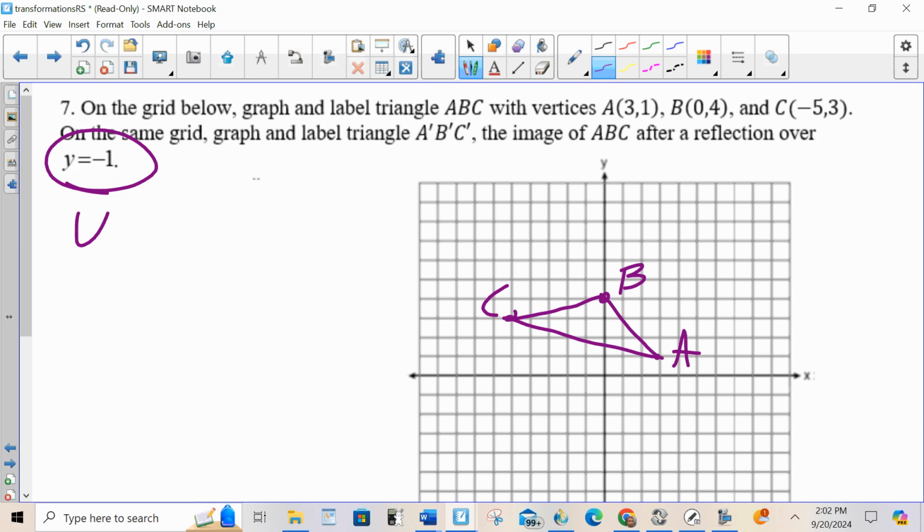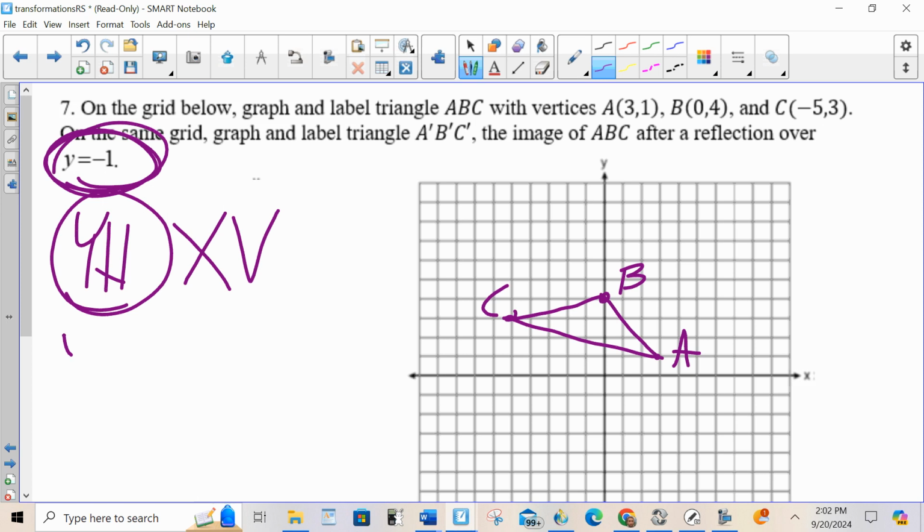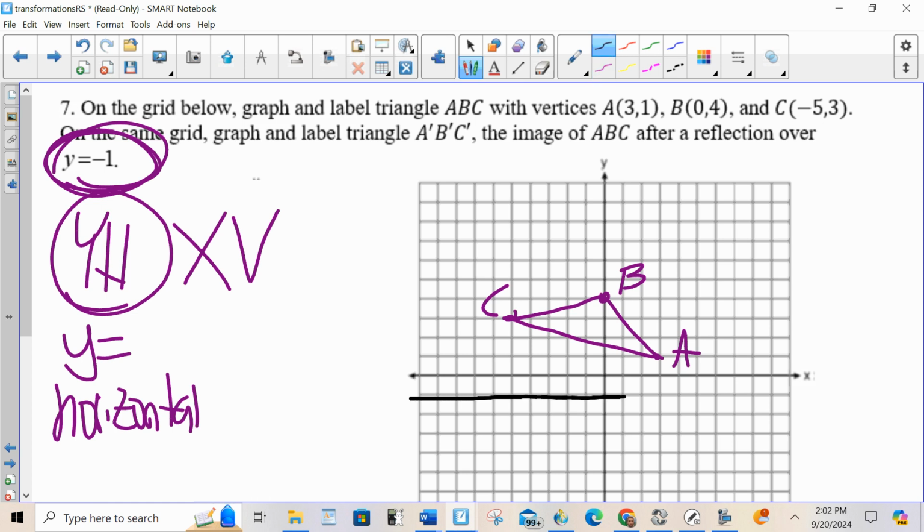Well, you need to know what y equals negative 1 is. Y equals a number is a horizontal line. So I'm going to make a horizontal line at negative 1. That is y equals negative 1.